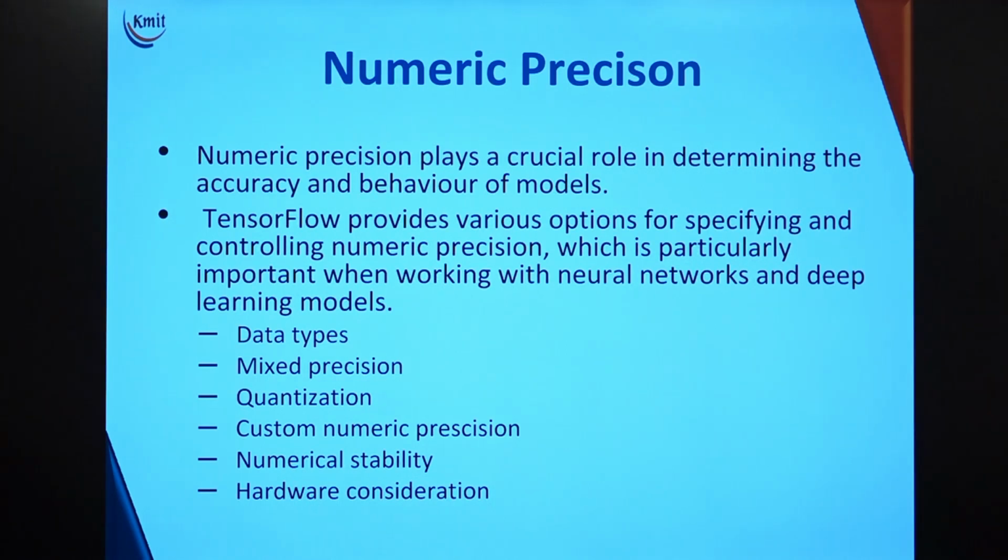The third aspect of numeric precision here is quantization. Now this is a technique which is used to reduce the computational requirement as well as the memory of deep learning models. You all know that in a deep learning model you represent weights, and you also have activations, and all of these use lower precision integers in place of floating point numbers.